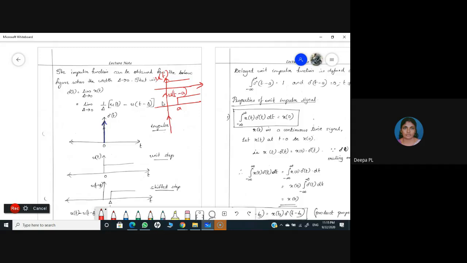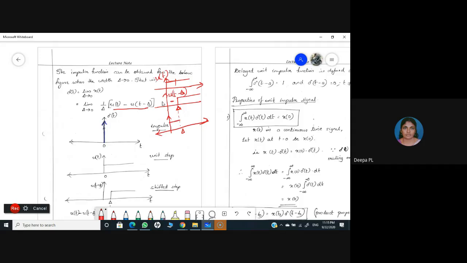Now if I am taking the difference between these two signals, that means u of t minus u of t minus delta, then what is happening from 0 to delta? From 0 to delta, I am having an amplitude of 1 here and 0 here. So my amplitude will be what? 1 minus 0 is 1.